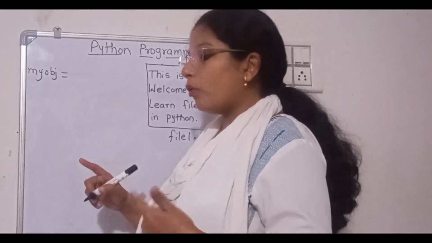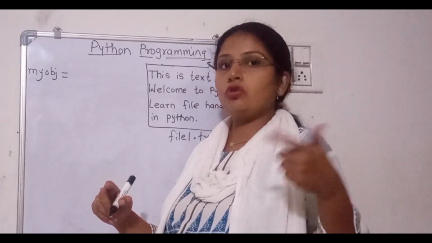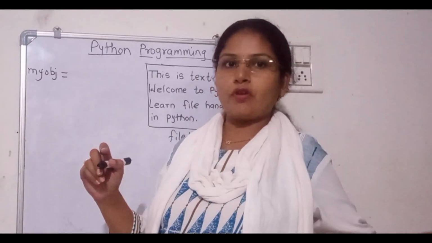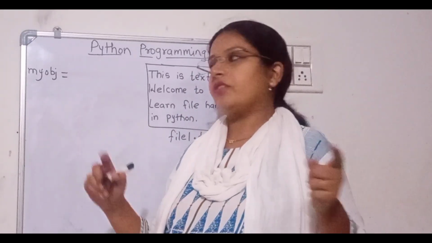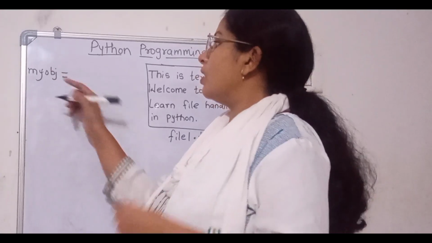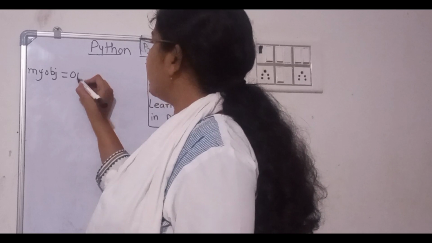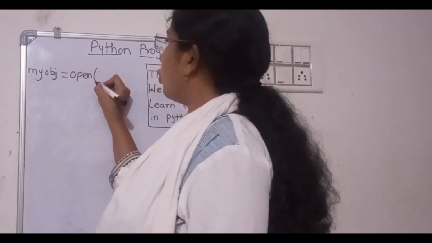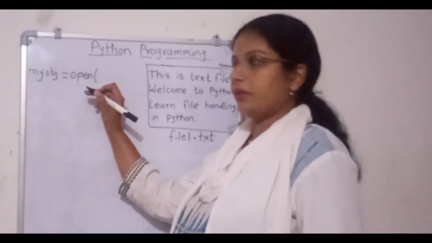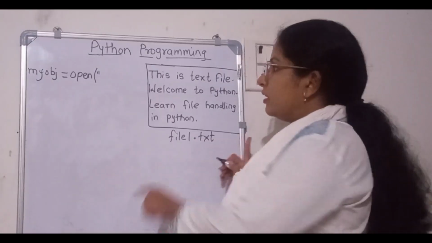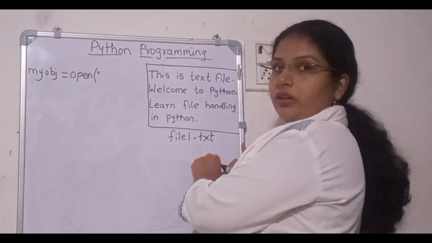Then you are opening the file. How to open the file? Again, go to the previous video for a clear understanding. Otherwise, I am taking the revision here. File object name, then the open function. Open is the function to open any file. Then the name of the file, which is file1.txt.